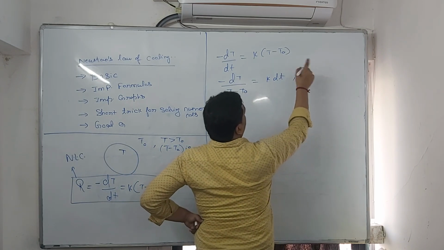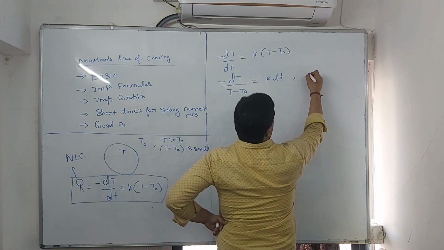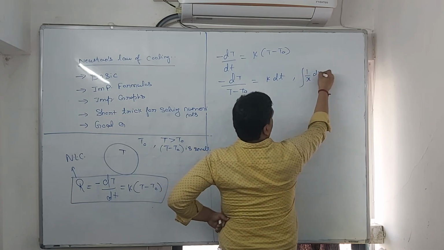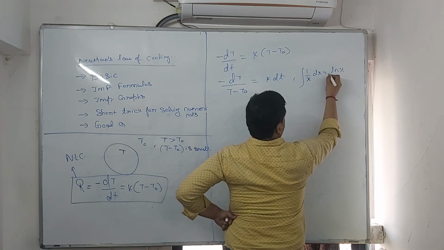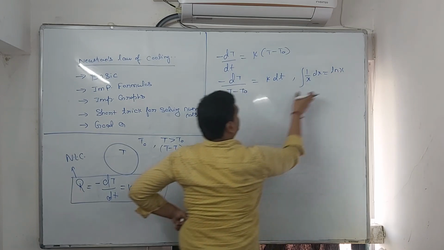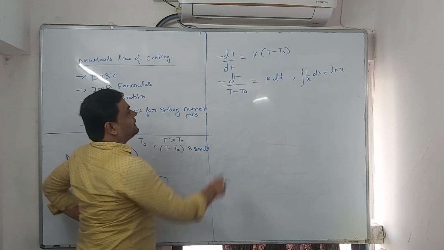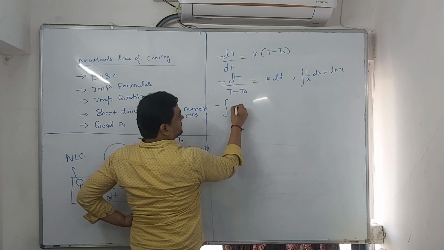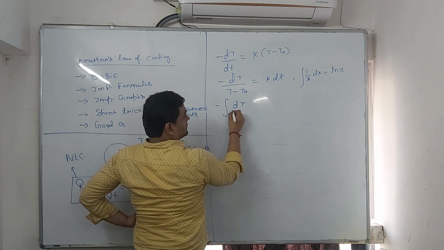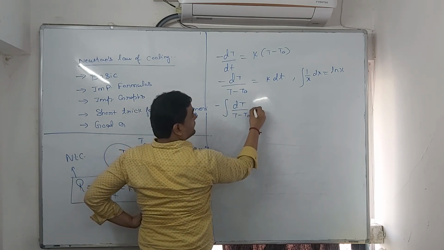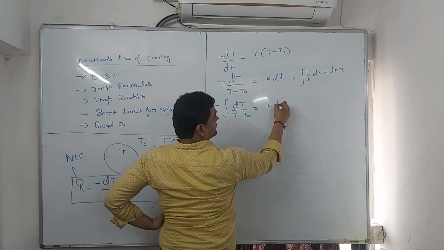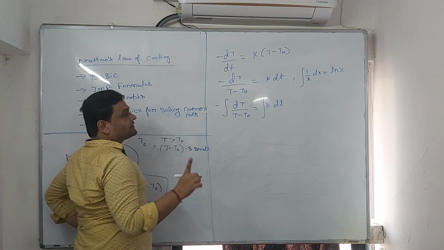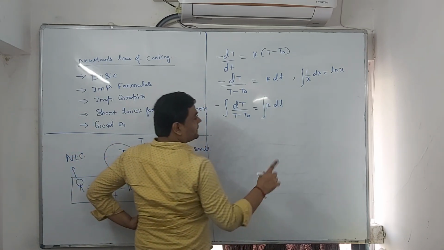Here, one more thing: the integration of 1 by x dx is ln x. Now this will come handy here. If I integrate it and put proper limits, remember, this is where the students feel uncomfortable: while putting proper limits.